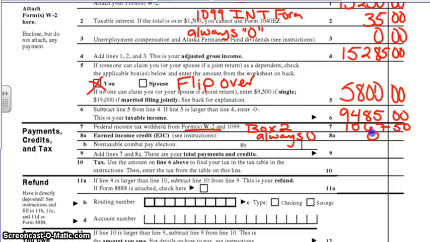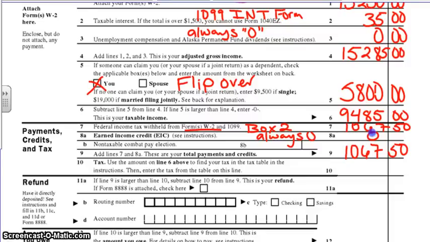Okay, when we add lines 7 and 8 together, line 9 will give us $1,067.50.